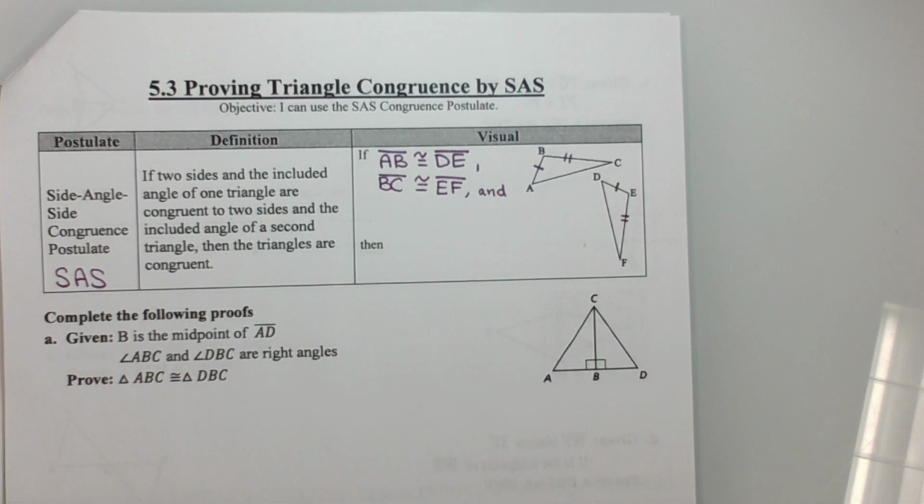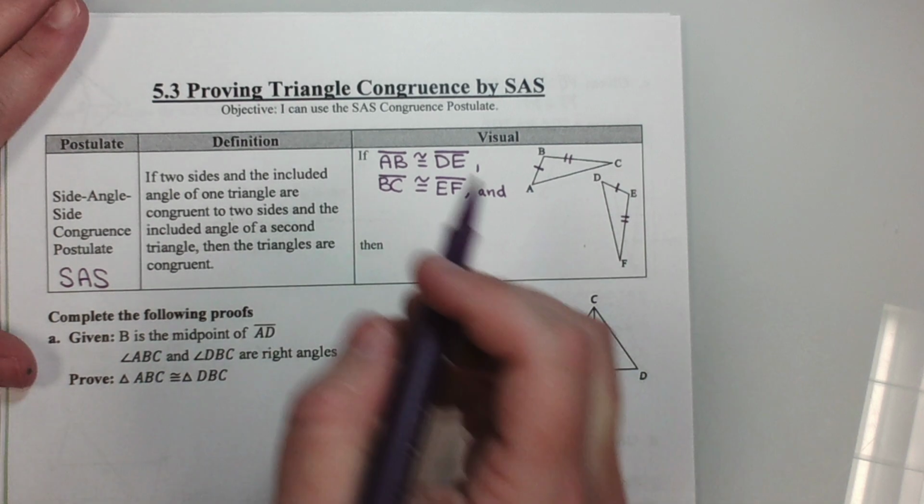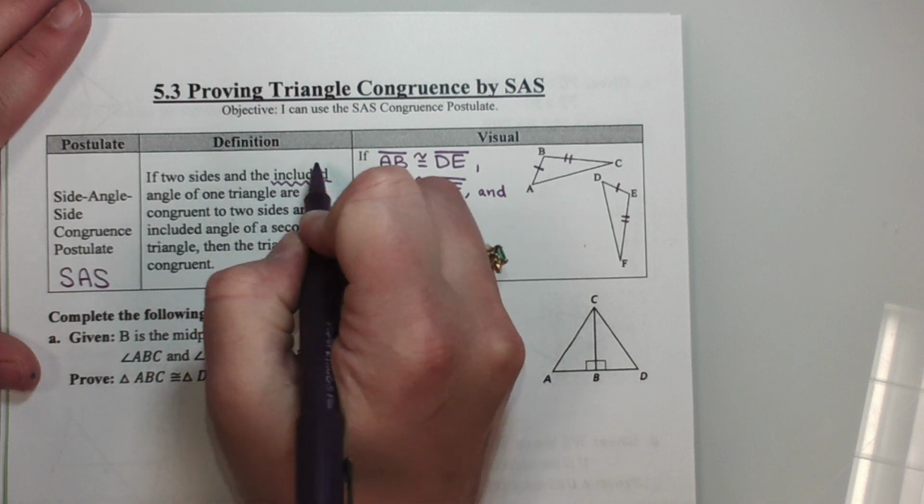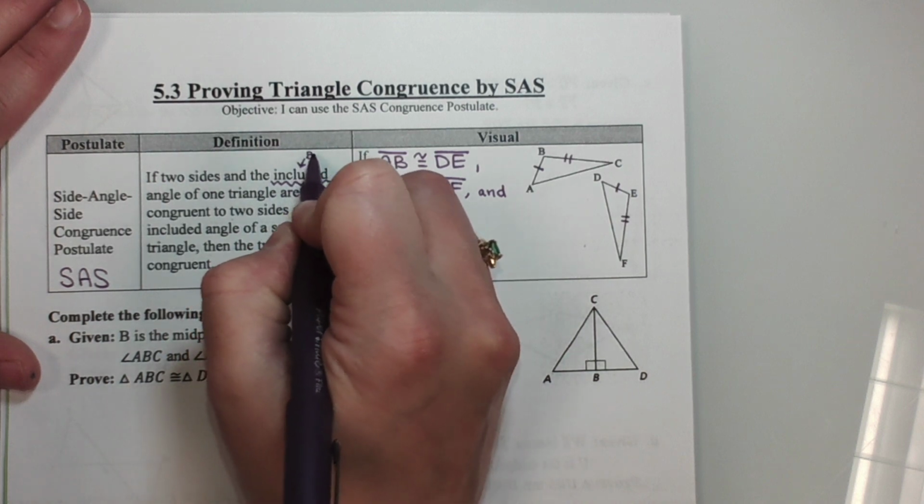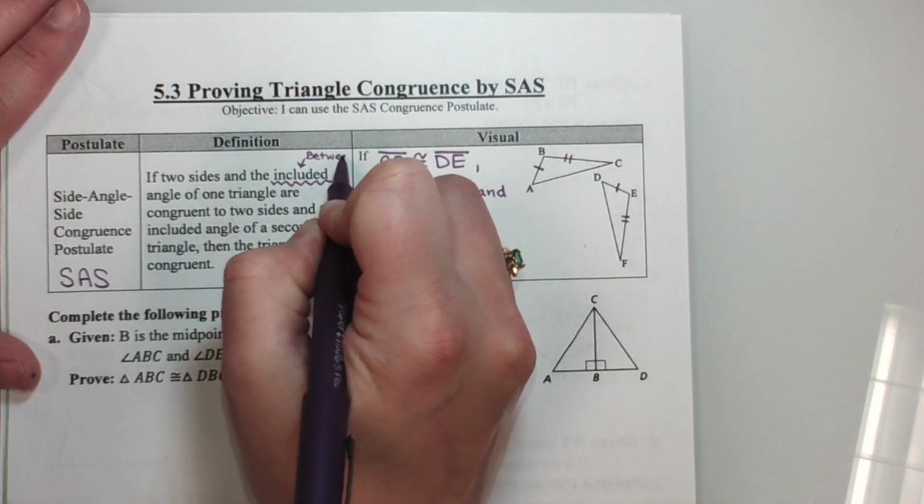and you also know an angle. It has to be two sides and an angle. Now it specifically says the included angle. That means the angle between the two sides.